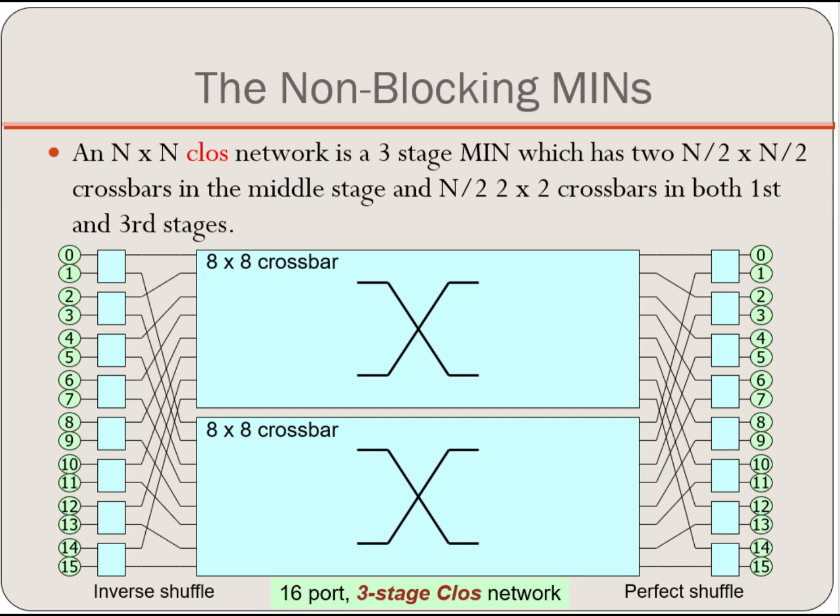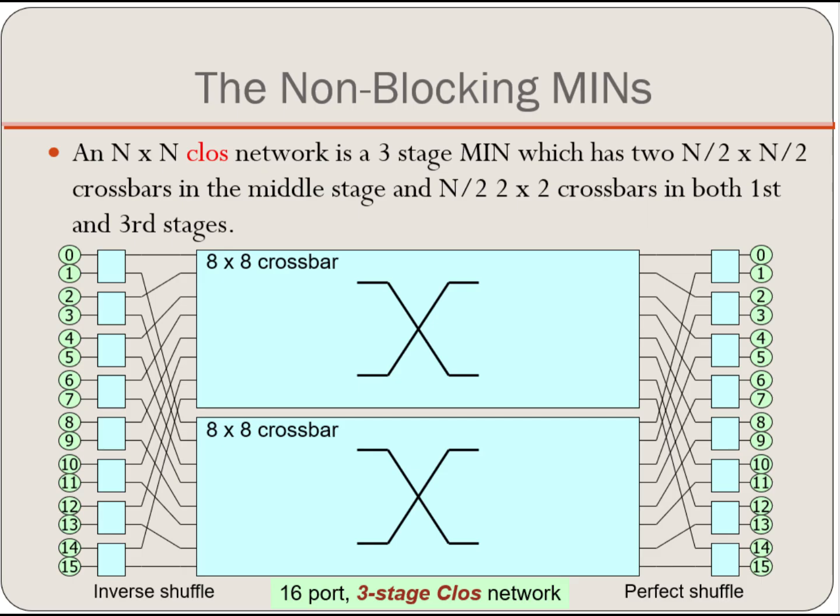But because this is an n over 2 by n over 2 crossbar, the space is still almost n squared. But the capability of this 3-stage network becomes equivalent to a crossbar. Remember, with a crossbar you can simultaneously schedule n messages from source to destination, as long as the targets are all different.